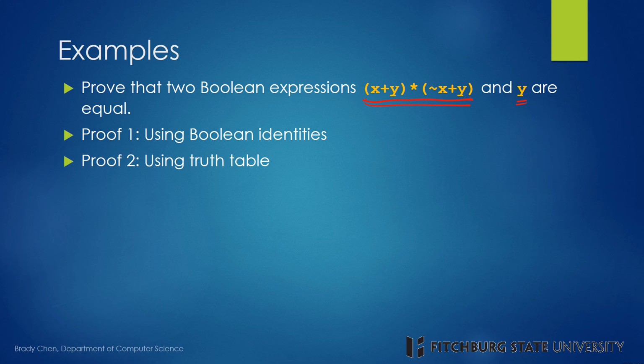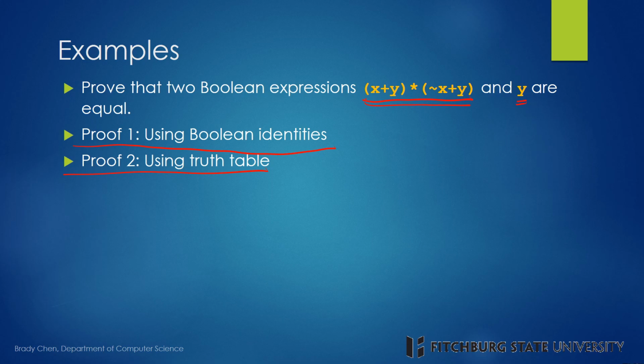One approach is to use the Boolean identities, like the idempotent law, unit law, and distributive law, to simplify one side, and eventually we prove it's the same as the other side. The other is using the truth table.